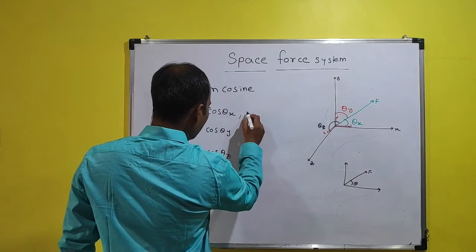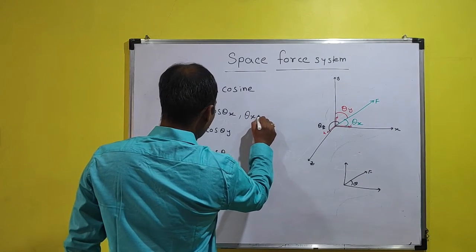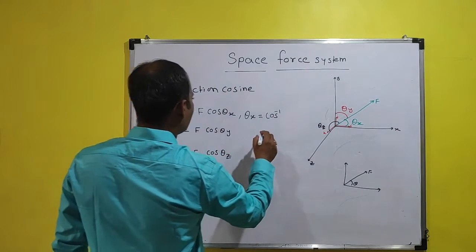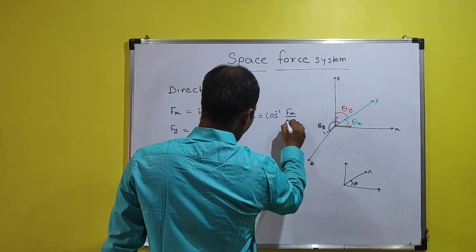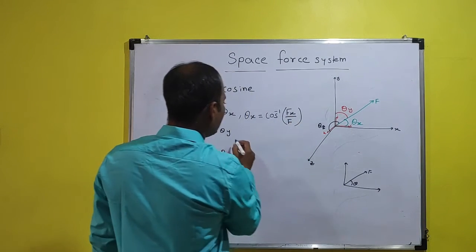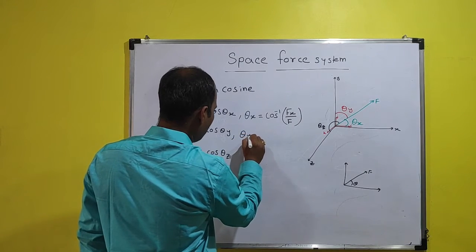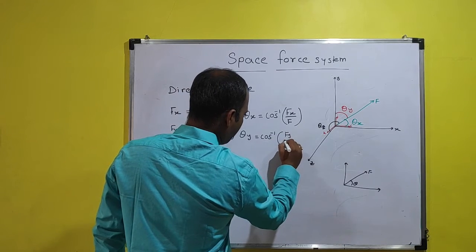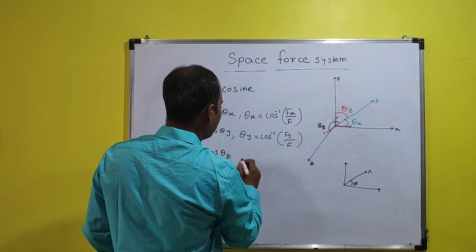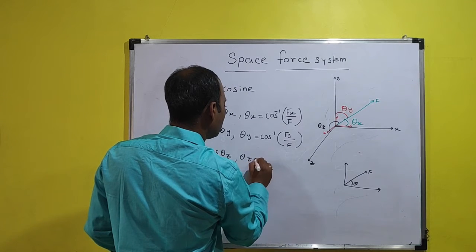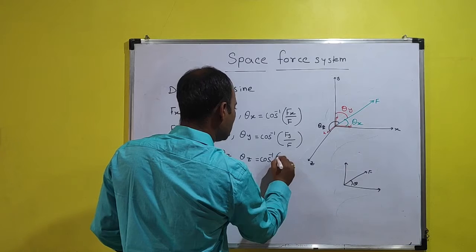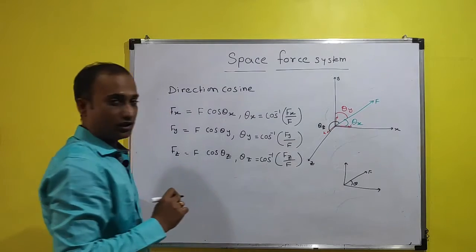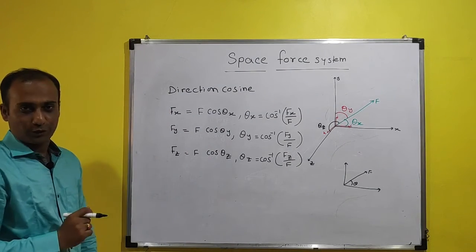The value of theta x is equal to cos inverse of Fx by F. Similarly, theta y is cos inverse of Fy by F. And similarly, theta z is cos inverse of Fz by F. So we can have these values also.